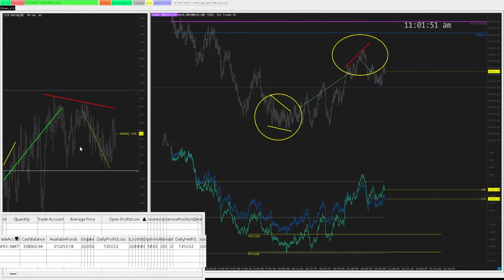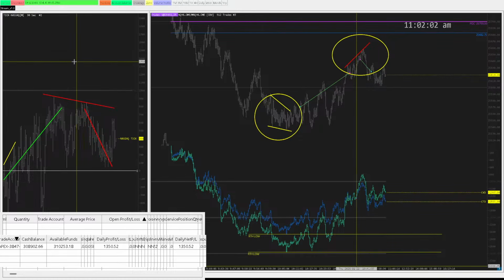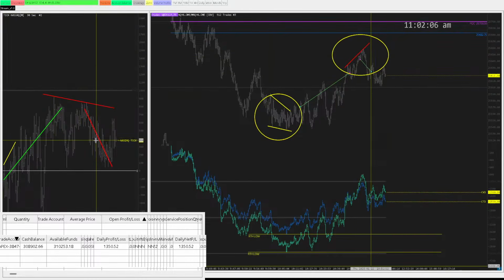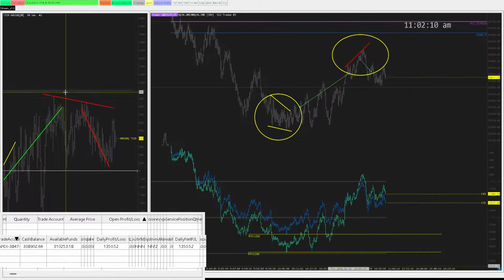Same thing on a short. If I start to see the Nasdaq diverge from price and I'm trying to get short, I want to see that divergence. And then I want to try to carry that momentum of the overall market.